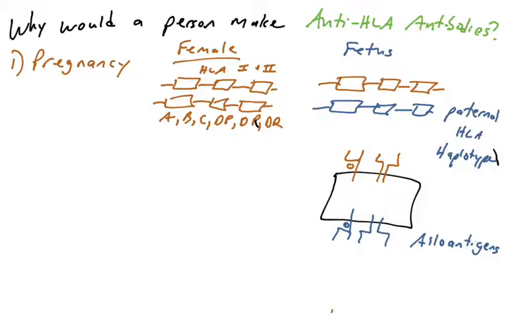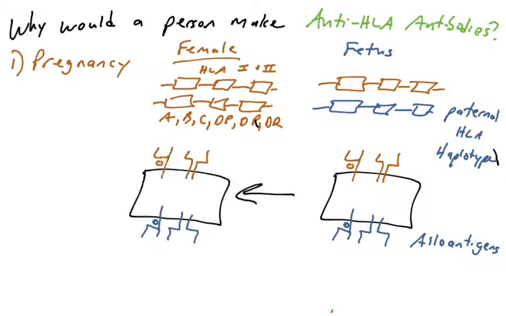Now, during childbirth, usually some of the fetus's cells enter into the mother's circulatory system due to the separating of the placenta and the bleeding that occurs during childbirth, which means that those fetal cells will enter the maternal blood supply and could interact with the maternal immune system.